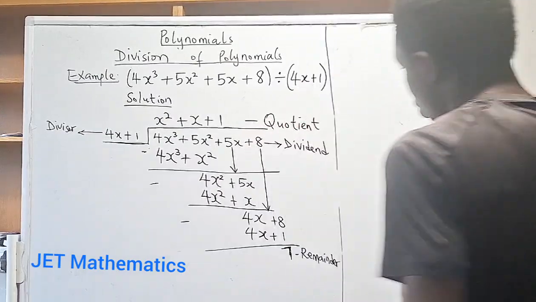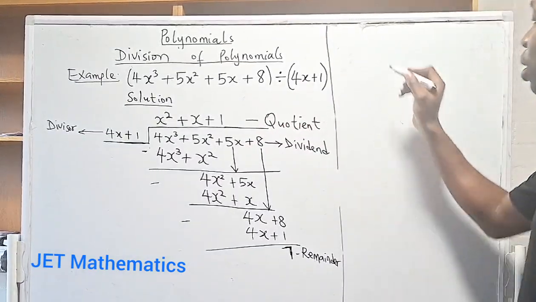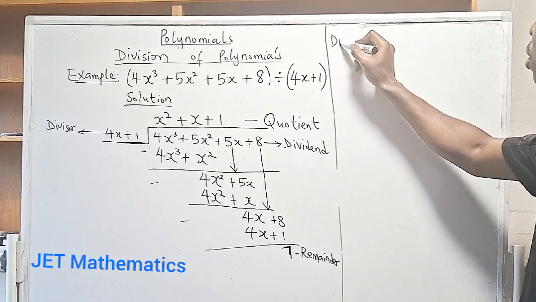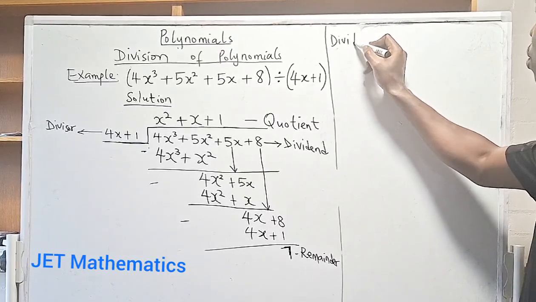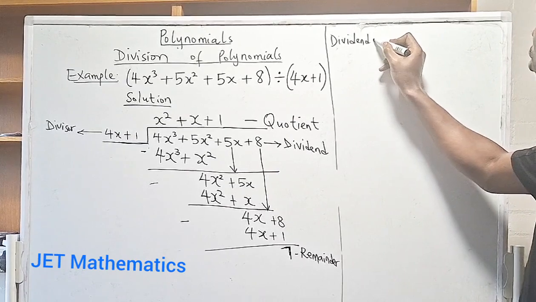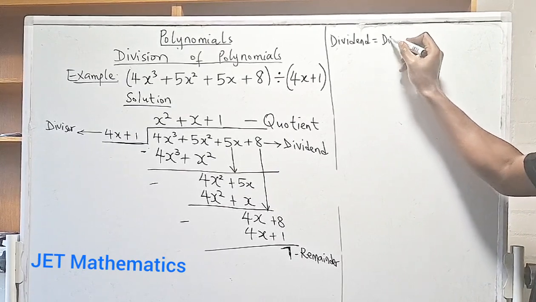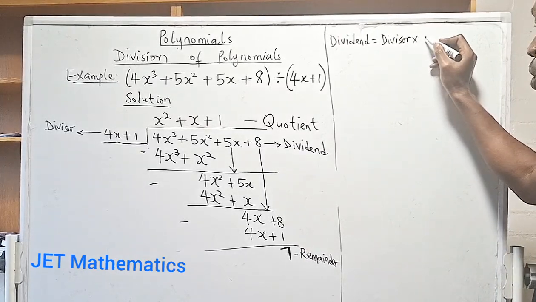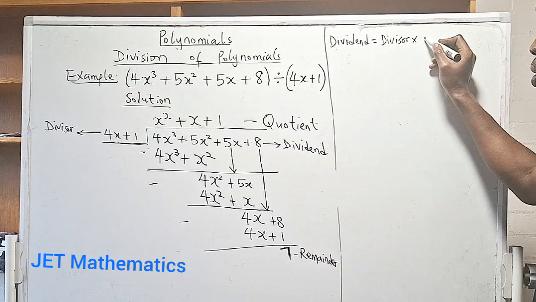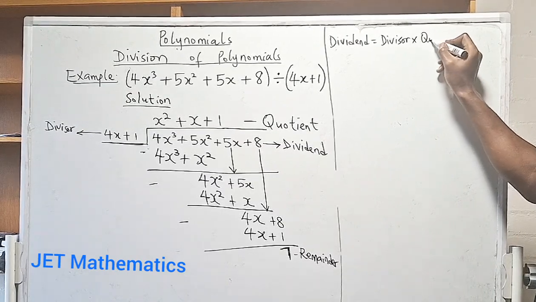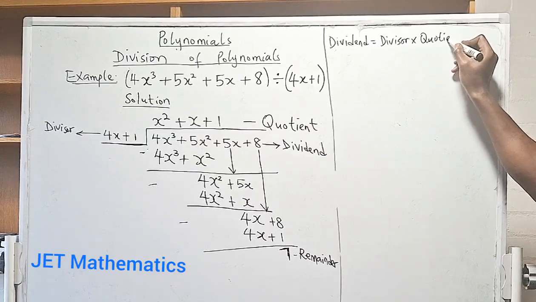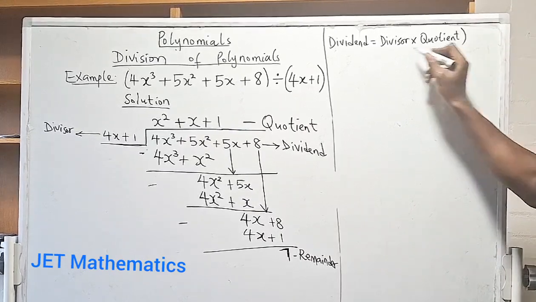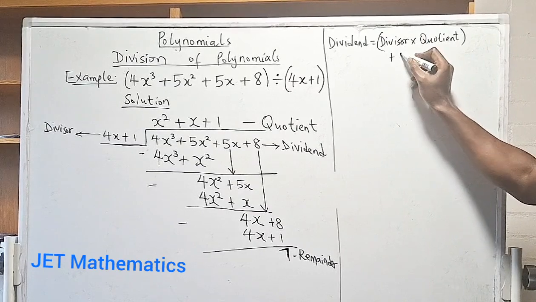Remember, in our last video, I told you that the dividend is equal to the divisor times the quotient plus the remainder.